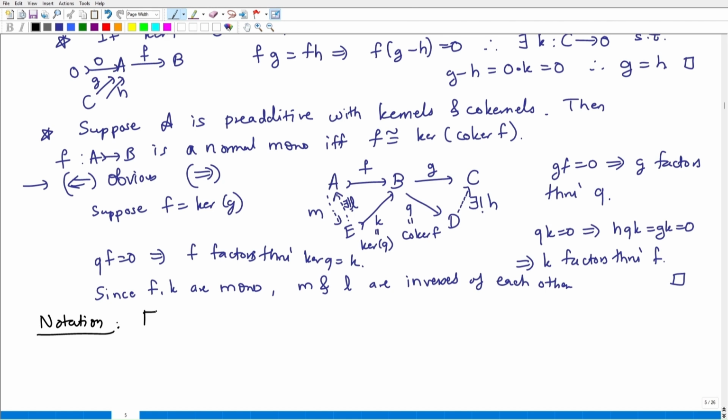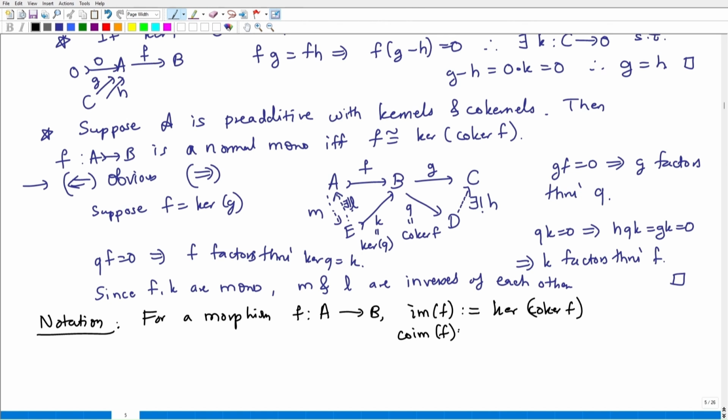So for a morphism f from A to B, the image of f is defined to be the kernel of its co-kernel, and the co-image of f is defined to be the co-kernel of its kernel.